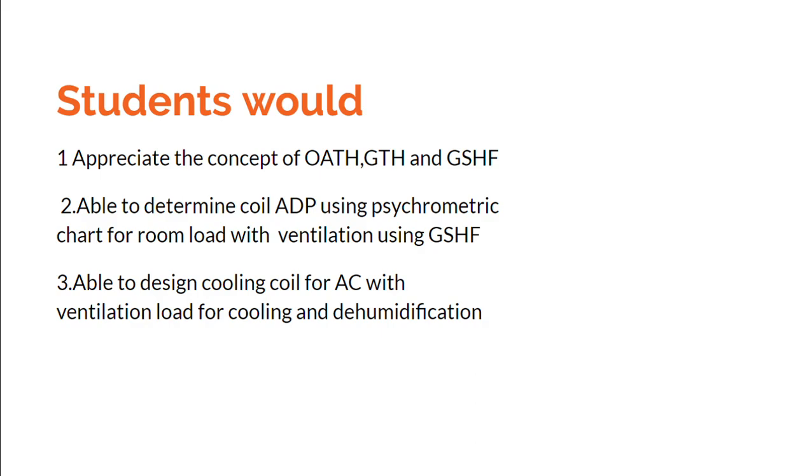We would also learn how to select the coil apparatus dew point, ADP, using the psychrometric chart and by considering the load with ventilation. Remember, in the last lecture, we talked about the load without ventilation. And for the load with ventilation, we would be calculating the grand sensible heat factor.